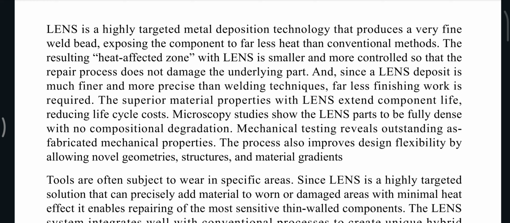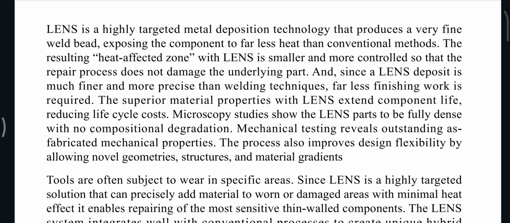And since a LENS deposit is much finer and more precise than welding techniques, far less finishing work is required. The superior material properties with LENS extend the component life, reducing the life cycle cost.